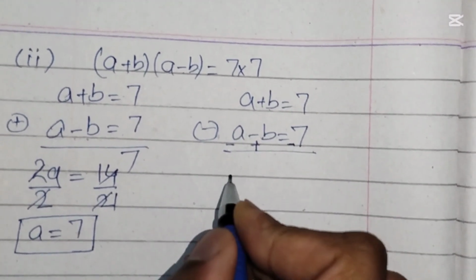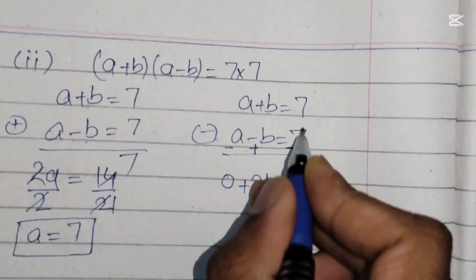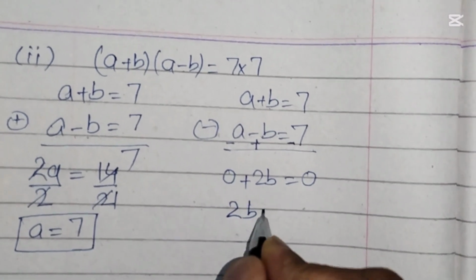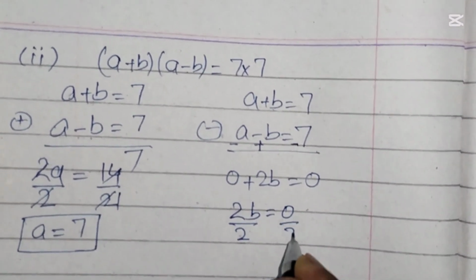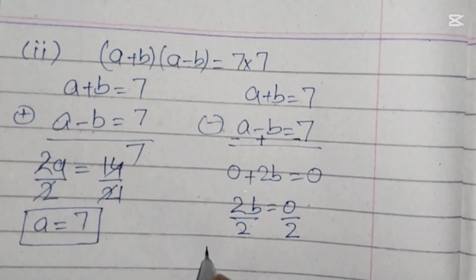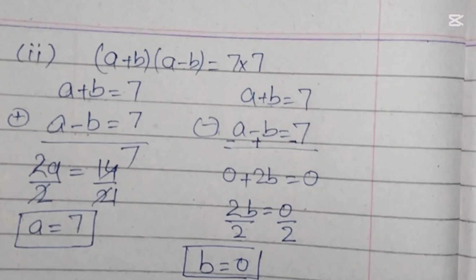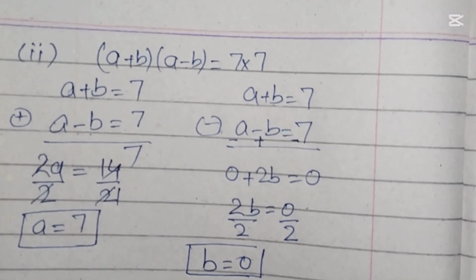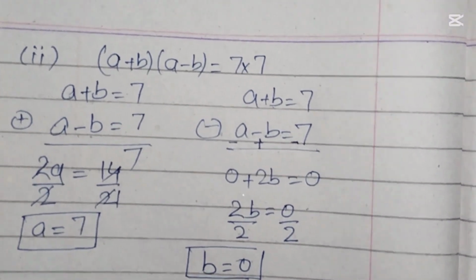So a minus a is 0, plus b plus b is 2b, equals 7 minus 7 is 0. Means 2b equals 0. Dividing by 2 on both sides, we get b equals 0. So we get the second value of a and b for the second case: a equals 7, b equals 0.